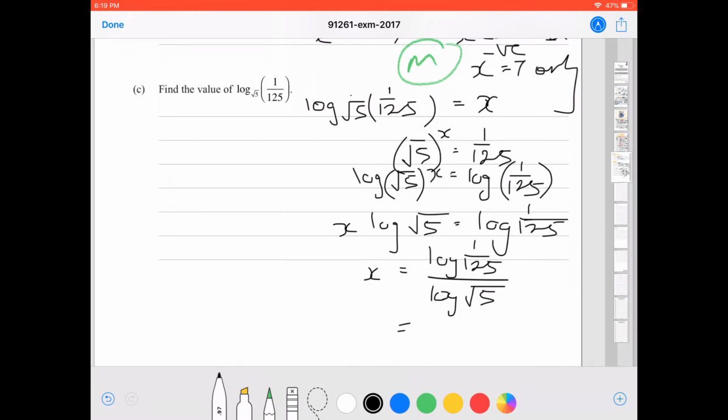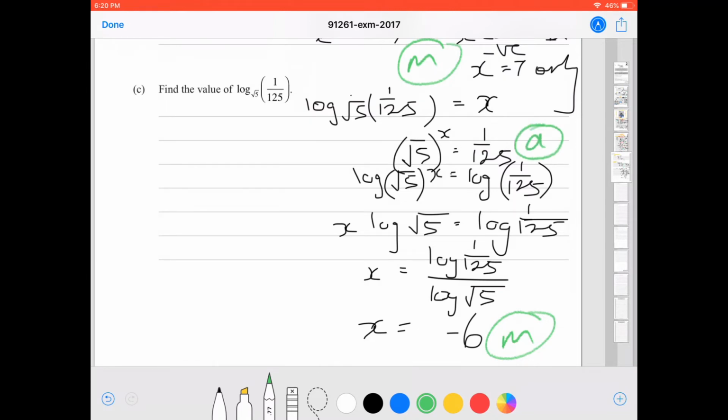We've got log, it's a fraction, so 1 over 125, close bracket, over log of root 5, close bracket, and that gives you -6 here. In this case, x can be negative. -6 is the only answer. And so problem solved gets you a merit. Your achieved is written in index form again. So I think this step here would get an achieved.